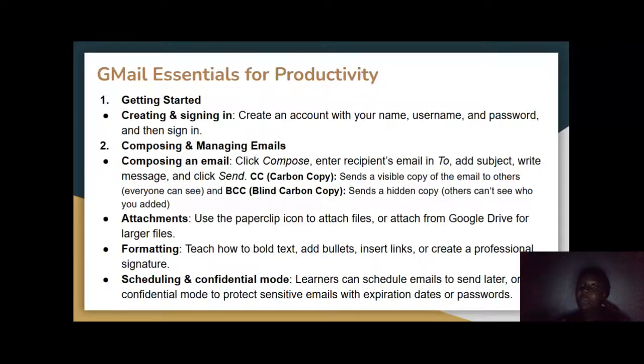These four persons can see that you sent to number one, number two, number three, number four, right? You're sending the same message to four different persons. That's what it means.